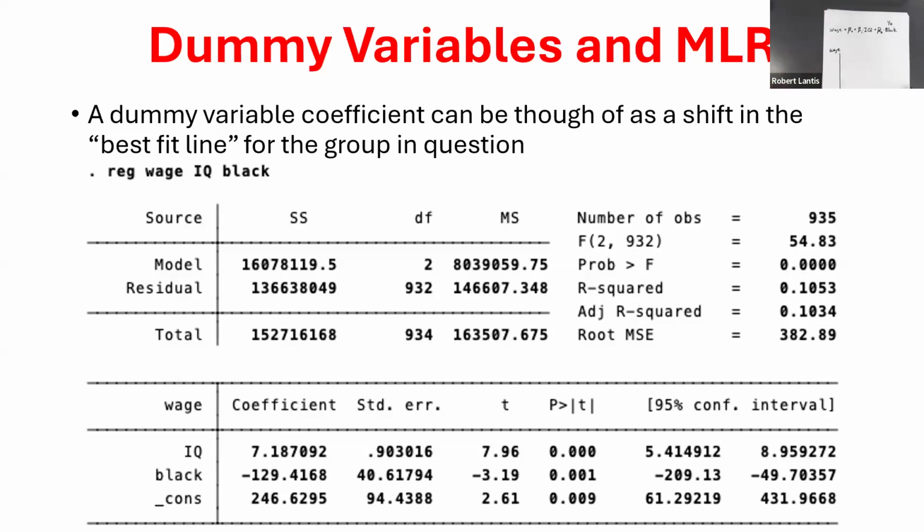What would the predicted wage for an individual who doesn't identify as Black start out as? If their IQ was 0 and they are not identifying as Black, the only thing left in our regression would be beta 0.